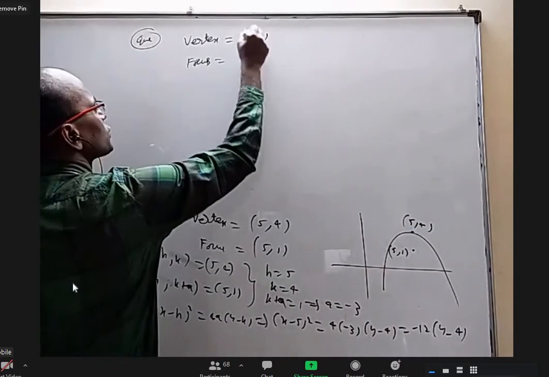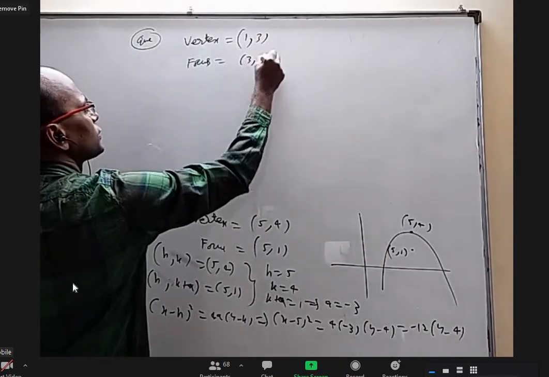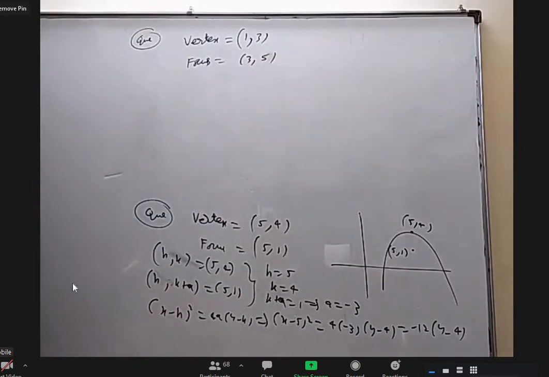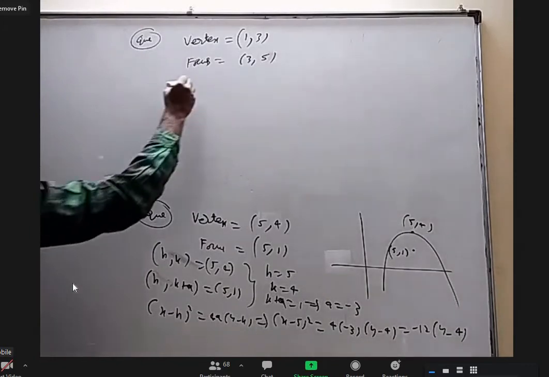Okay, next question. Vertex (1, 3), focus (3, 5). Find the parabola.